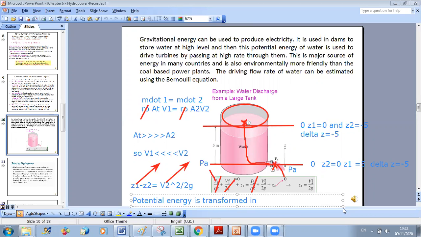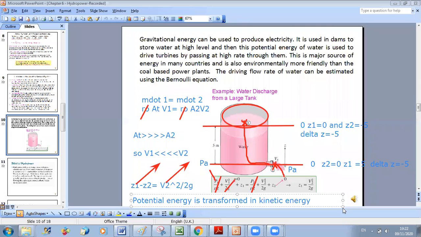Okay, because in water dams I will store water at a very high level. So I will store energy in the form of potential energy, and whenever I want to use this energy I can open, let's say, a small hole and water will flow. The potential energy will transform into kinetic energy that can be used to rotate the blades of the turbine and then produce electricity.